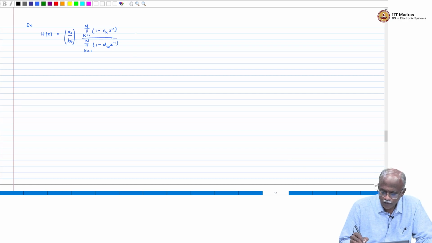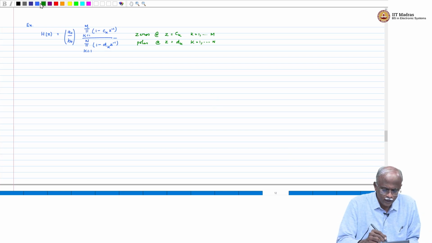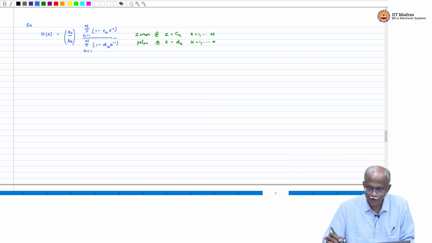We have a transfer function which has zeros at z equal to ck and poles at z equal to dk. In this case, k is equal to 1 through n, the other case k is equal to 1 through m.